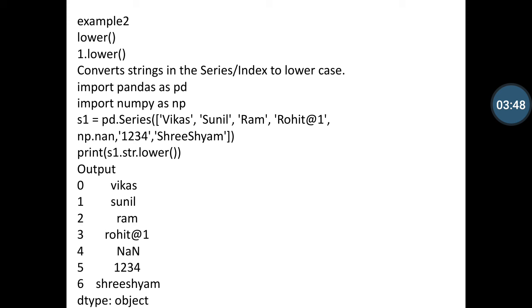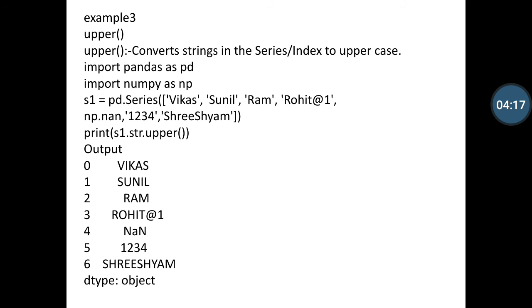You can notice here print s1.str.lower, the method is called by our pandas library, and after executing it converts the values to lowercase. You can notice that all of the values defined in the series are converted into small letters or lowercase letters.